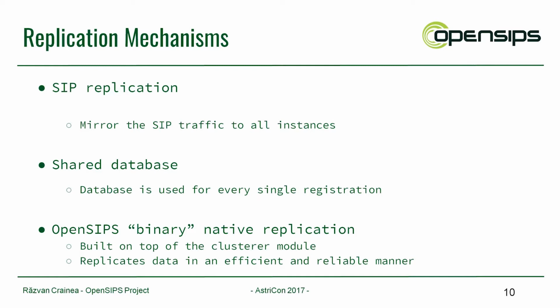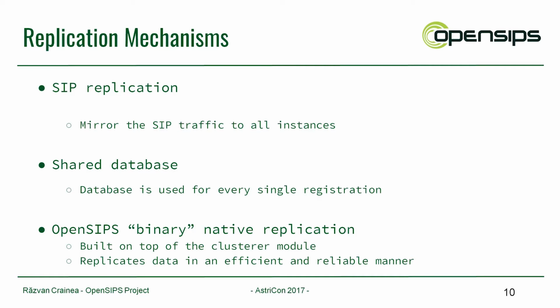Well, this is not that efficient. You can also use a shared database to have the shared registration. So the 2 instances can point to the same database, and if one stores some information in there, the other one can simply read it. However, this means that you have to do real-time database queries, and that's not efficient either. You probably don't want to do that.